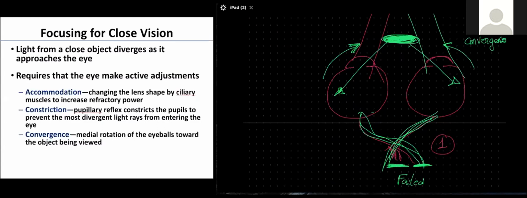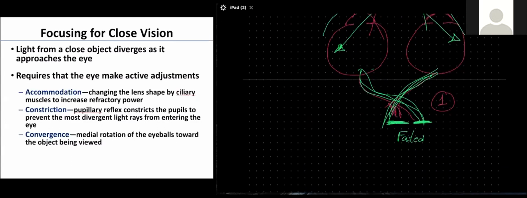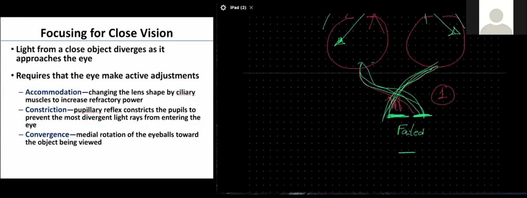You converge your eyes for you to detect two pictures that are close enough for the brain to overlap into one. And this is the idea of 3D movies.